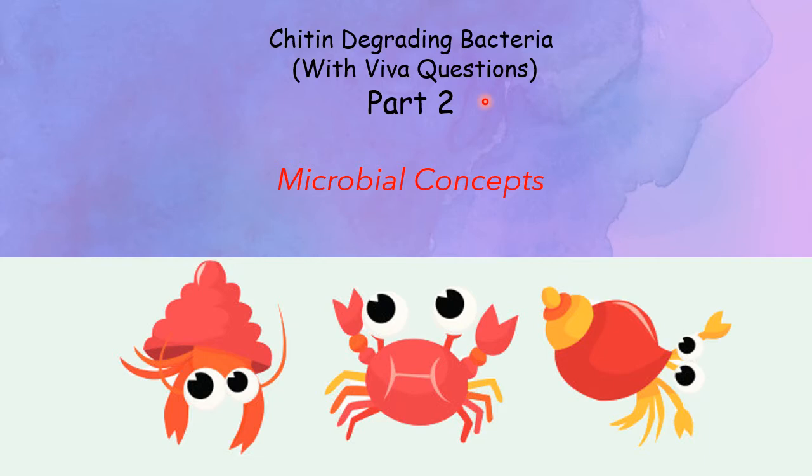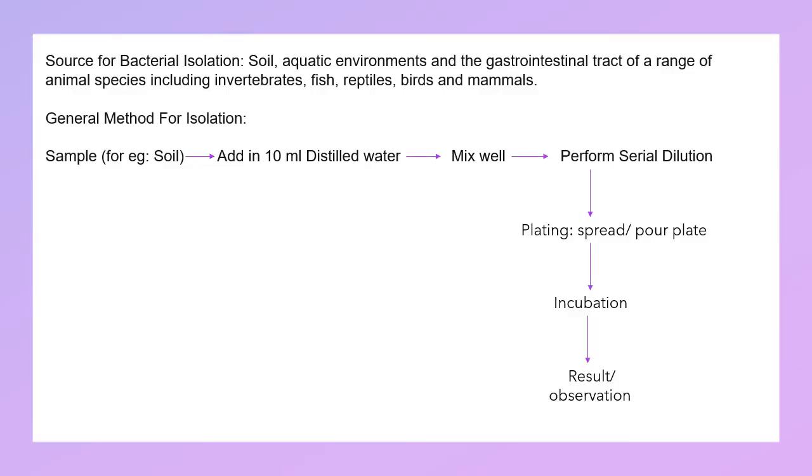So if you have this topic for your practical exams, please go through all these 3 videos including this part and be prepared for your Viva questions. You will not just get questions on your practicals, you need to know the background as well. You need to know the facts related to chitin, chitosan and cellulose. So let's start with today's video.